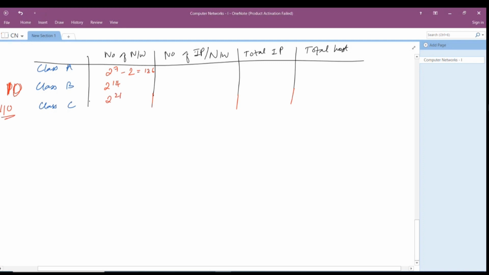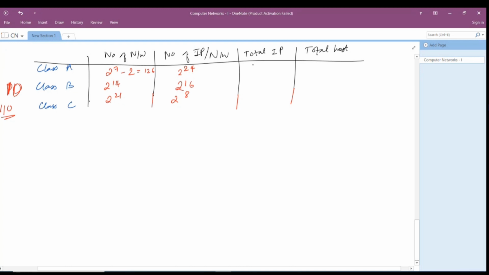And for the number of IPs, 8 bits are there. So we will have 2 to the power 24, 2 to the power 16, and here 2 to the power 8, per network.